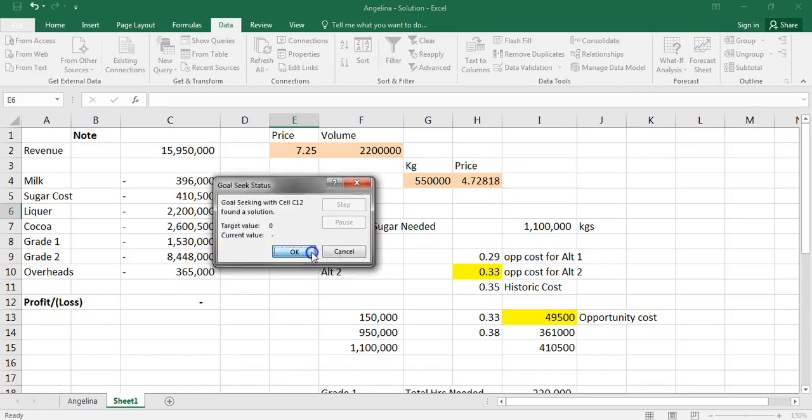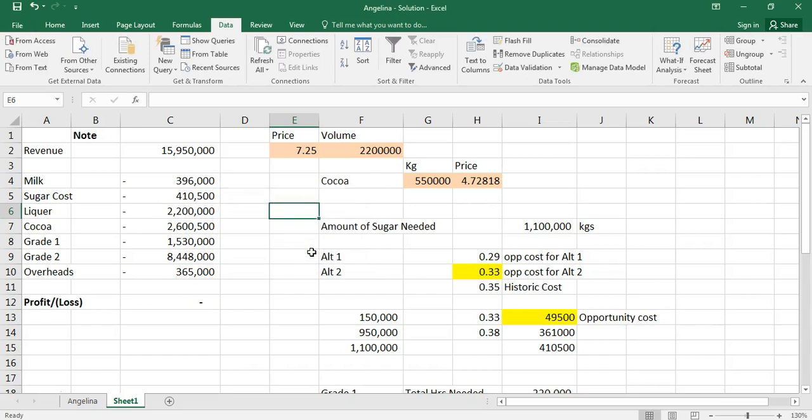So we're saying here the price would have to go to 473 if we round it before the contract will be break even, because the cocoa cost will go up to 2.6 million. It's currently at 1.25. It'll go up to 2.6 and the contract will be neither loss making nor profit making. So that's the goal seek method of going about it.